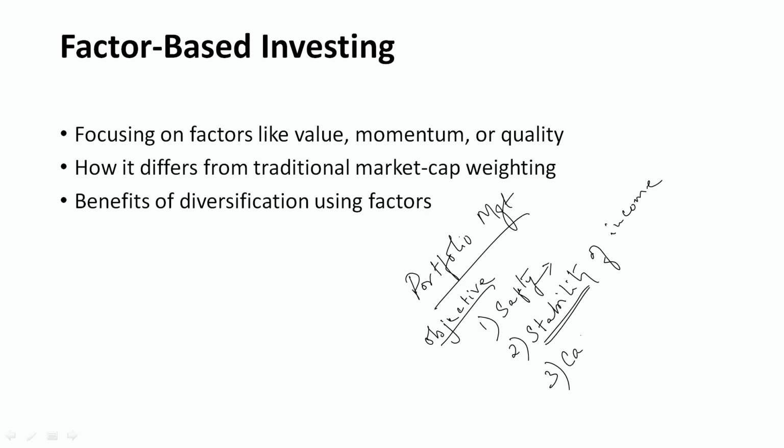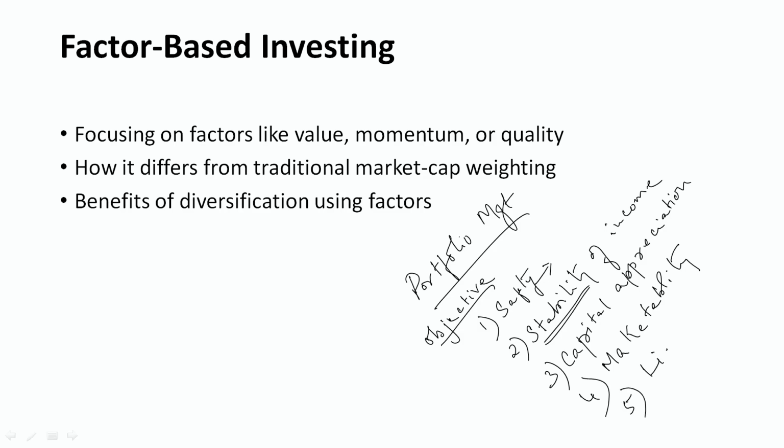The third important objective is capital appreciation. So capital appreciation means the amount of money which I have invested should grow. Otherwise, there is no point in investing my money in these stocks. Next is marketability, means I should be able to sell as and when I like.